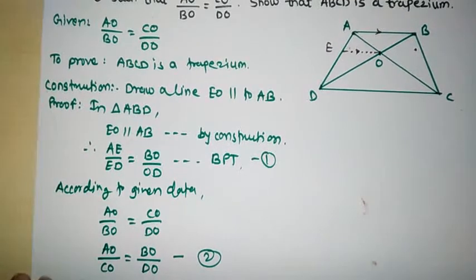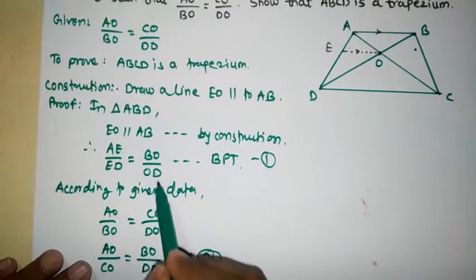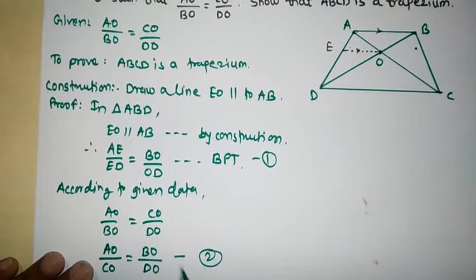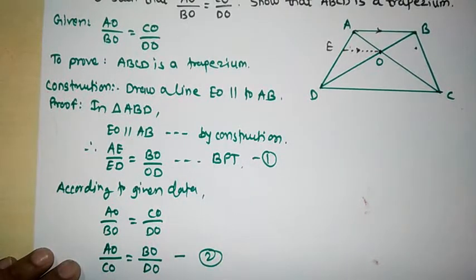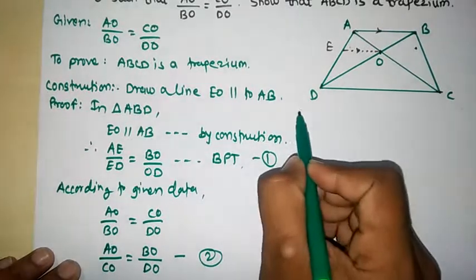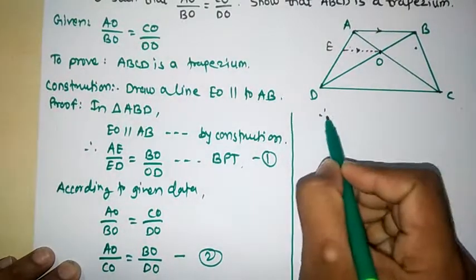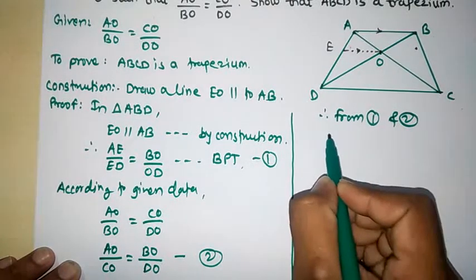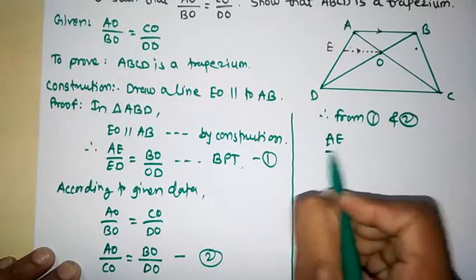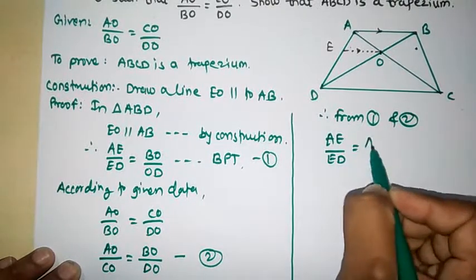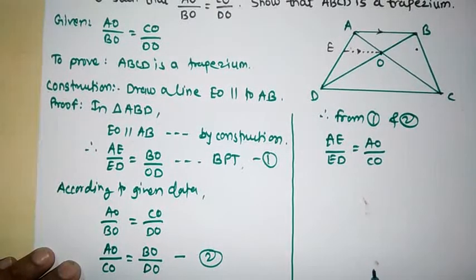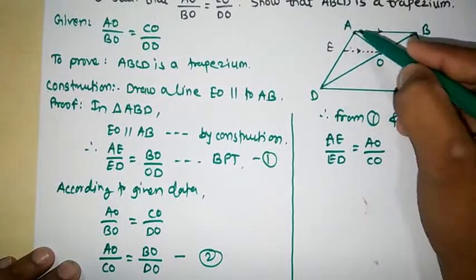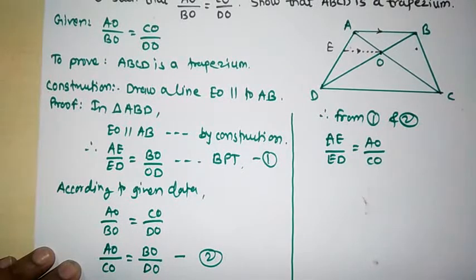Now from equation number 1 and 2, see here. RHS of equation number 1 and 2 both are same or not? BO divided by OD is equal to BO divided by DO. Either DO or OD both are same only. Therefore RHS of equation 1 and 2 are same. Can we equate LHS also? Yes. Therefore from 1 and 2, AE divided by ED is equal to AO divided by CO, or OC, we got here.